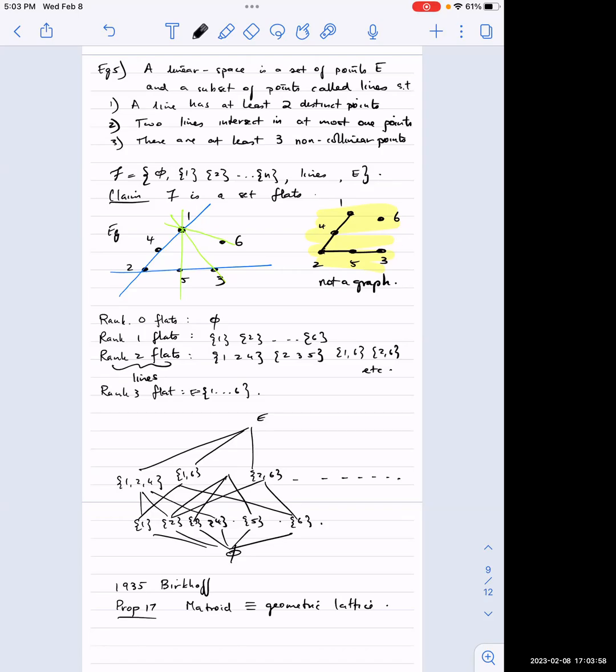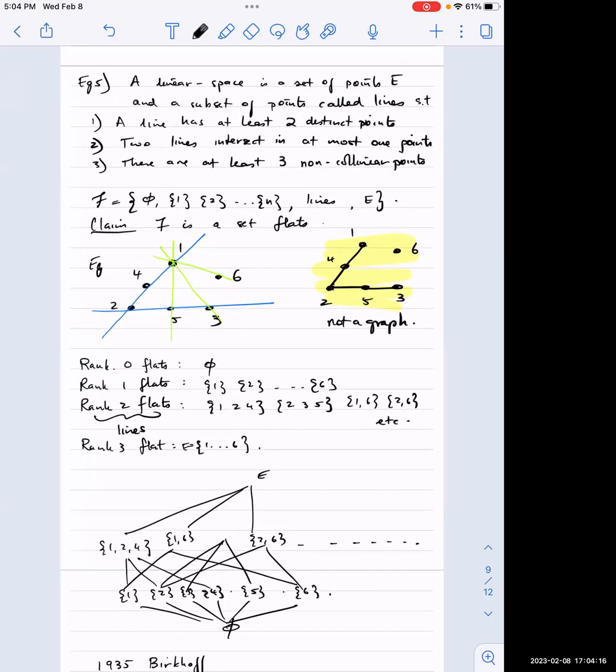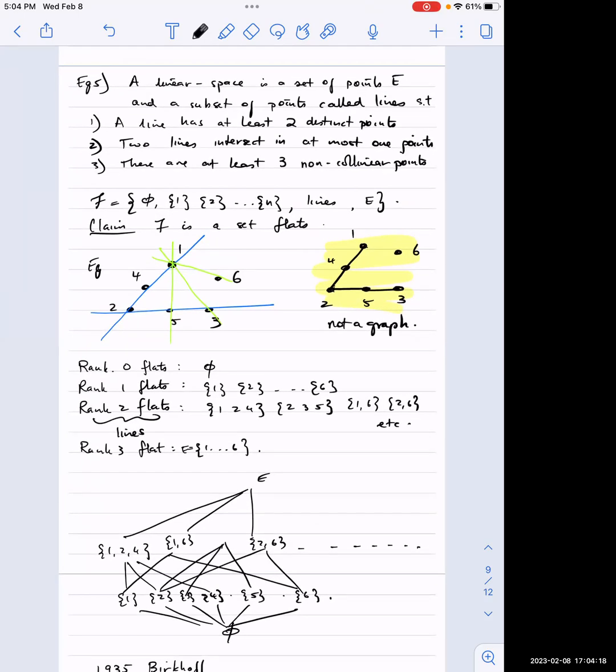I'll just say one more thing before I end. I read Hilbert's, I think it was Foundations of Geometry, and the first chapter is called Configurations. I was always a little bit fuzzy about this until I read that chapter. In his configurations, a line can have just 1 point. So he allowed 1-point lines.